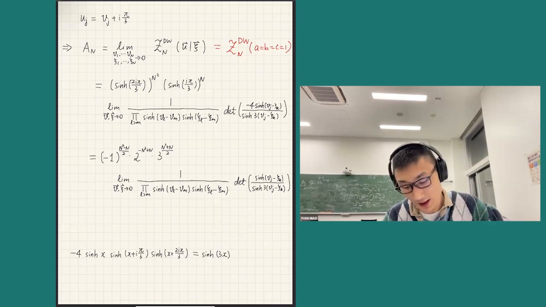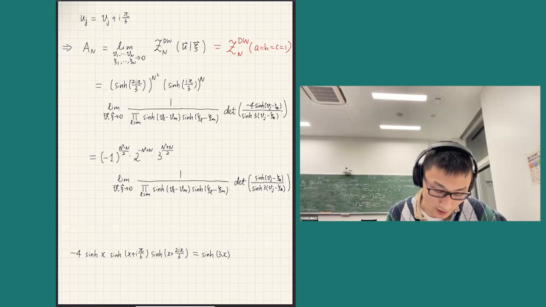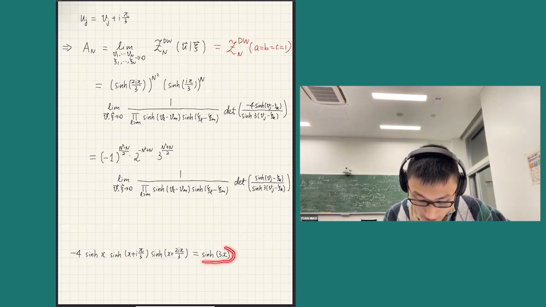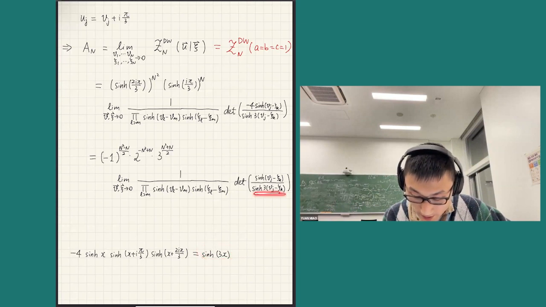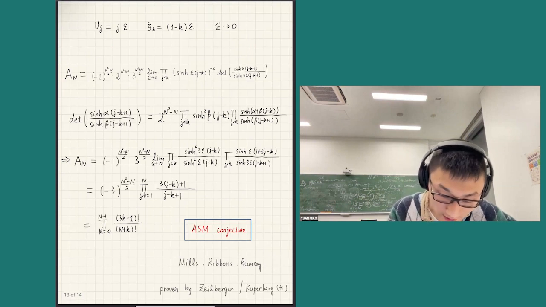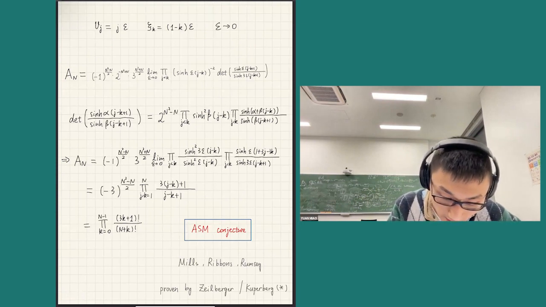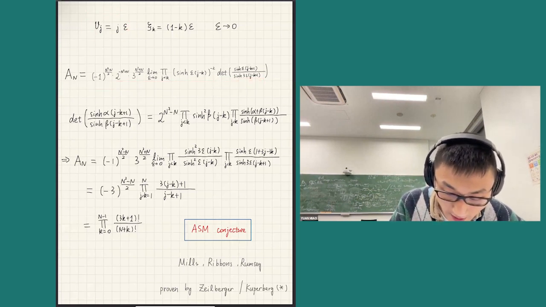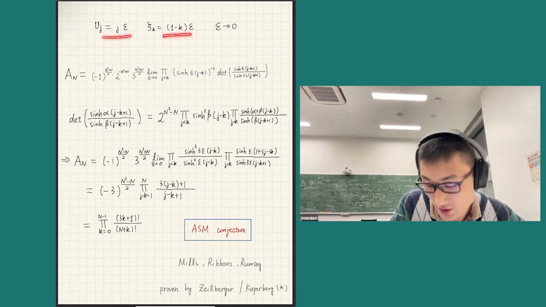And here maybe I need to use a bit of a trick, some trigonometric identity, which I want to use to replace this part. And what we can get is essentially nothing but, okay, then I also need to rescale my v_j and xi in a very smart way.